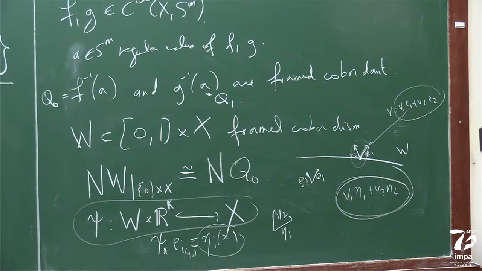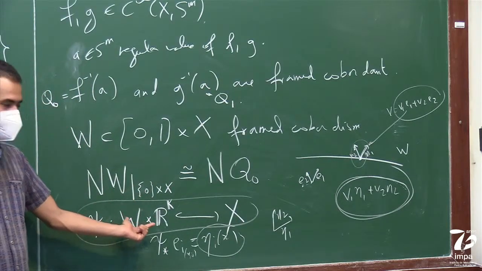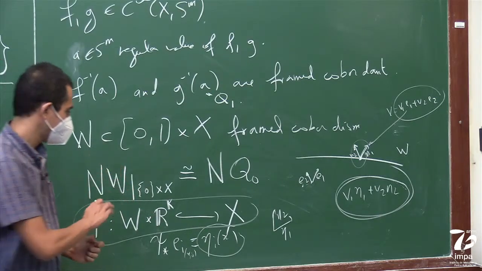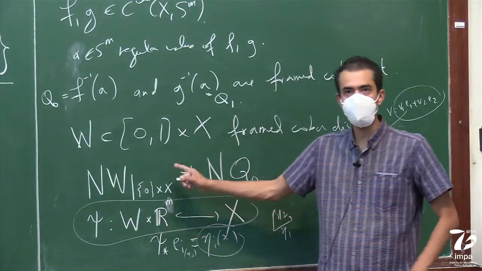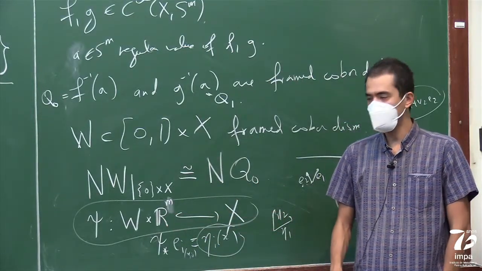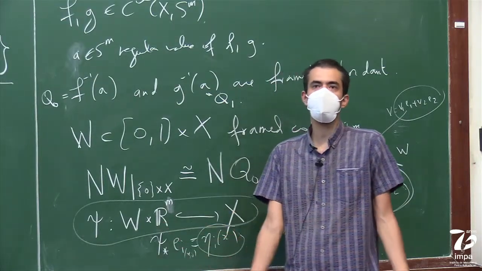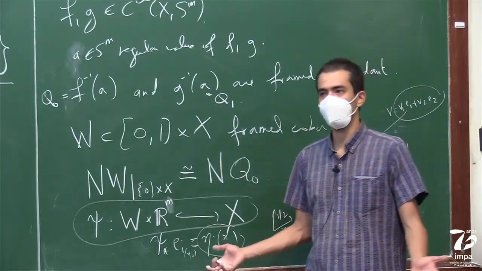Once you have this embedding, if I have a point in the image of this tubular neighborhood, then the map into Rm, sorry, not K, it's m, is just the projection to Rm. You take a point of this form, x and a vector in Rm, and I just take it to the same vector in Rm. And then to get to Sm, I just use a stereographic projection.